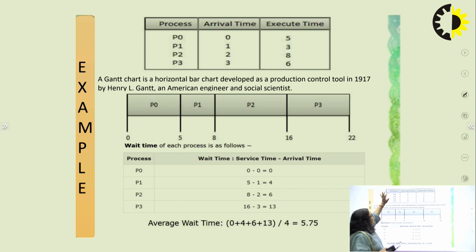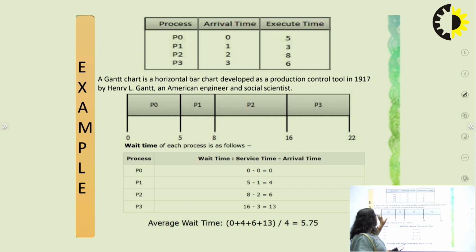So P0 starts at time 0 and runs till 5 minutes, because the burst time of P0 is 5 minutes. So we start with 0 and end with 5.